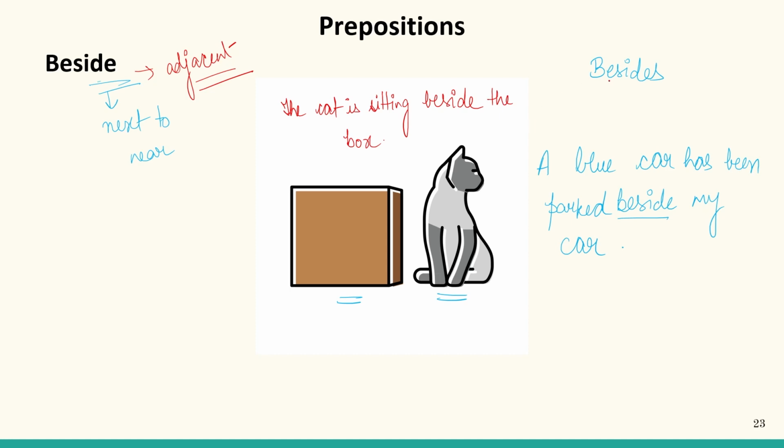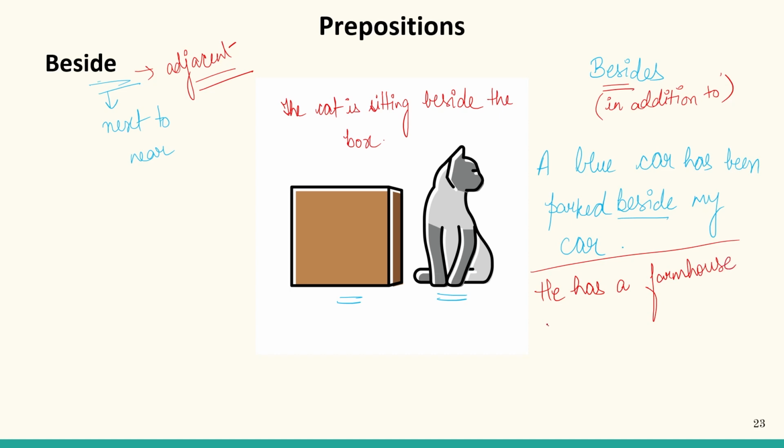Now here we have one more word, that is besides. Now what is besides? It is actually in addition to. The meaning of besides is in addition to. For example, if I say he has a flat or he has a farmhouse besides a flat.